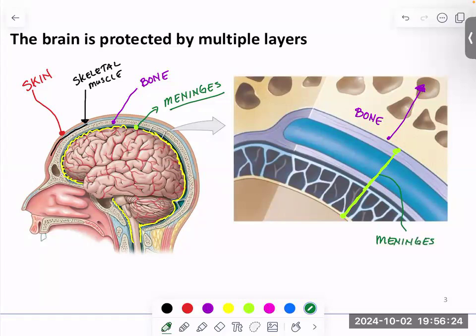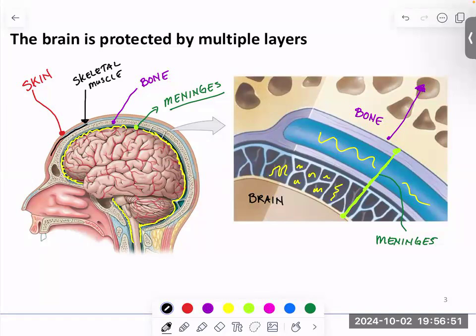There's cerebrospinal fluid flowing in this region and in this region. CSF, cerebrospinal fluid, is going to supply the brain with the nutrients, the materials that are carried by the cerebrospinal fluid.